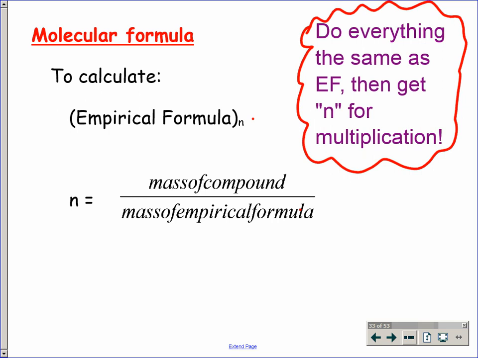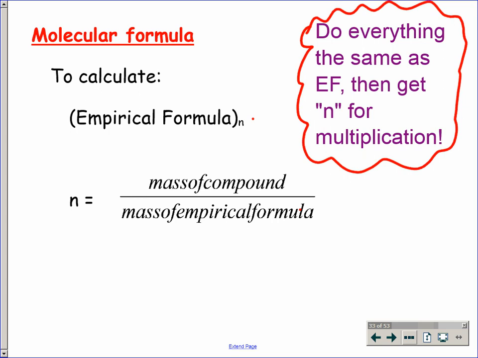If you remember from the first time we mentioned this a couple months ago, the molecular formula is just a multiple of the empirical formula. Like glucose C6H12O6, that's a multiple of the empirical formula CH2O. The multiple comes in by multiplying the subscripts. But how does one get the multiple?